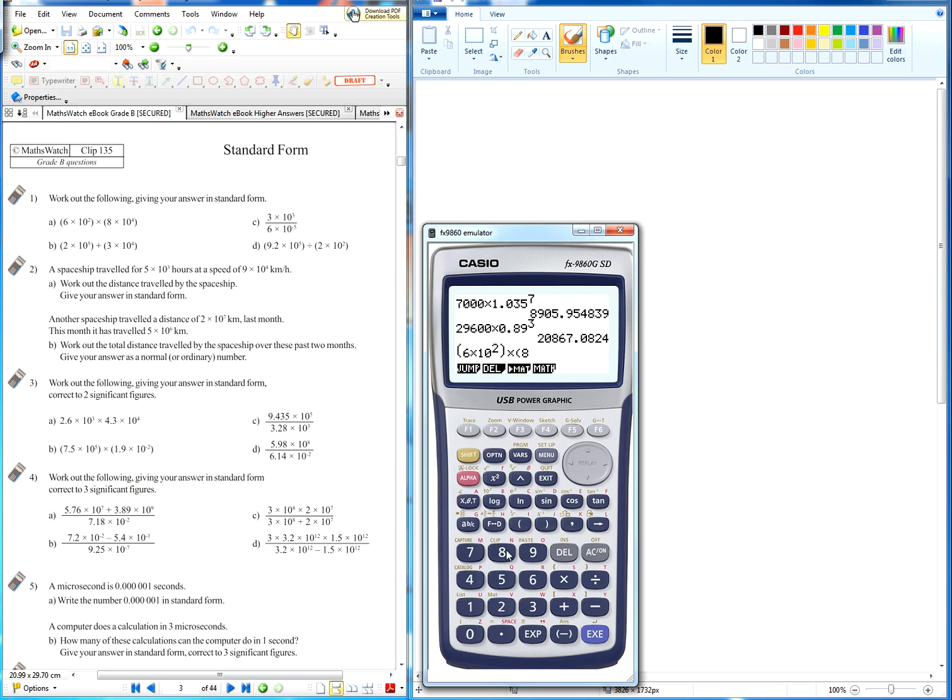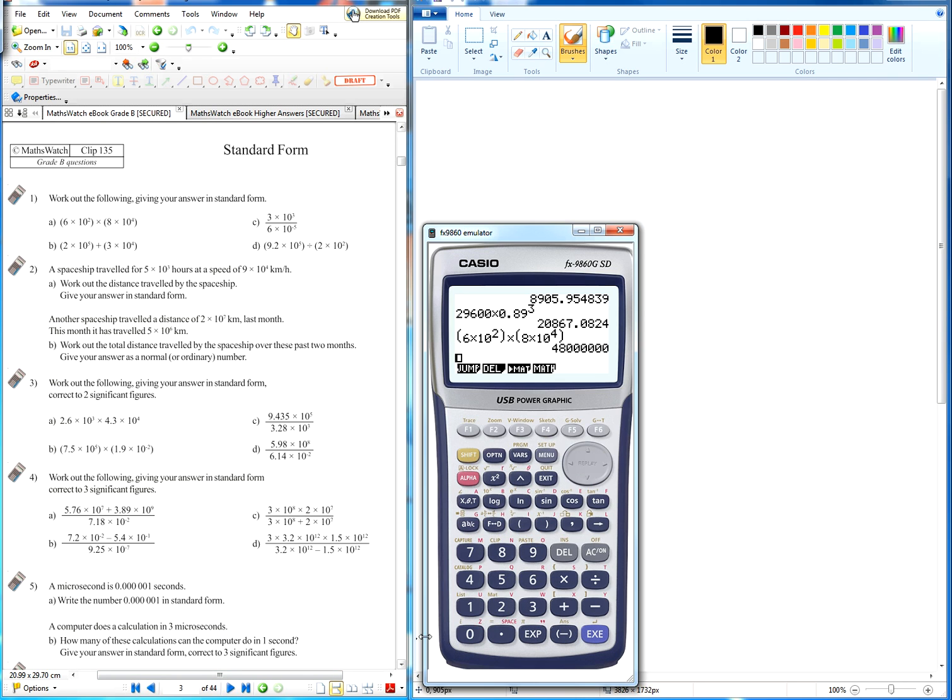Bracket 8, times by 10 to the power of 4. Close the bracket. Okay, no, not down there. Need to bring it down. That's better. Lovely. Can you see my calculation on there now? That matches the first one, so press equal.